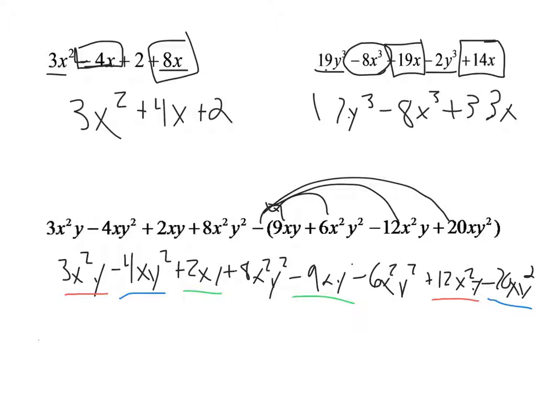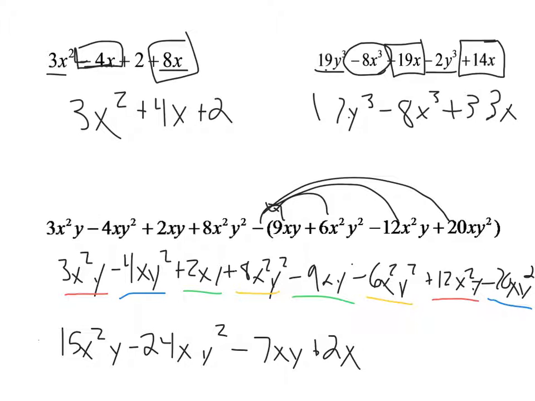And my 8x squared y squared and negative 6x squared y squared are similar too. Combining all of those, I get 15x squared y, then negative 24xy squared, a negative 7xy, and finally a positive 2x squared y squared.